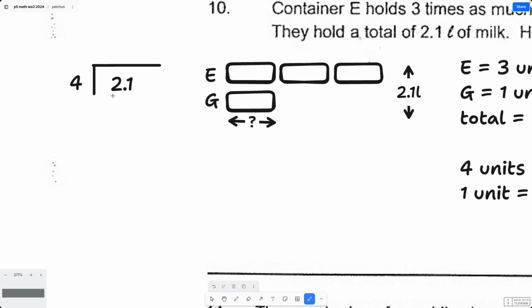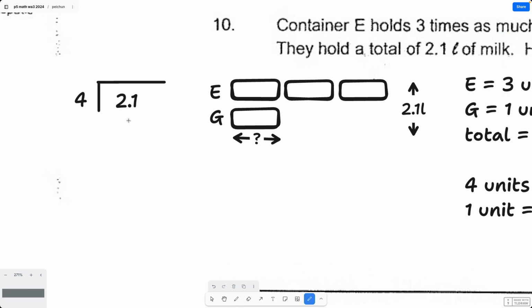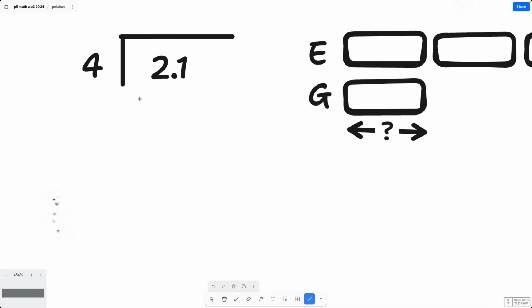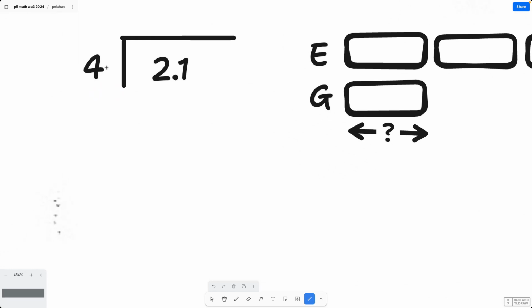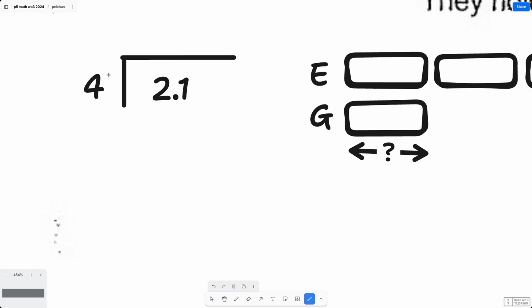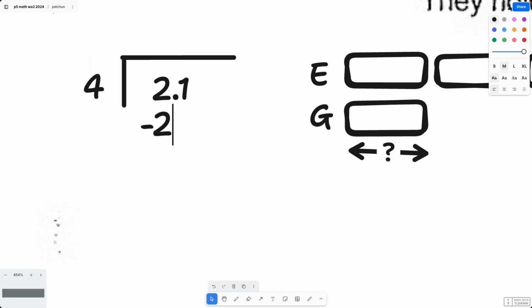So essentially, can we have 2 minus 4? Not really, so we need a bigger number. So we have 2.1. What is a number that we can minus off from the multiples of 4? What we can do is we can minus 20. So 20 over here will be 2.0.